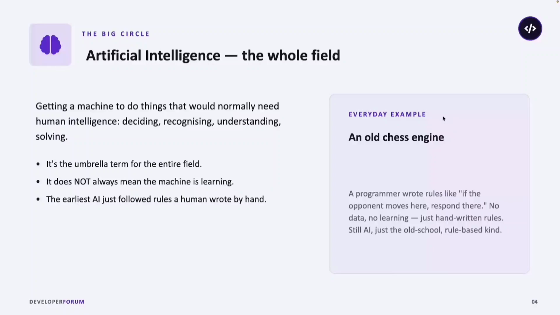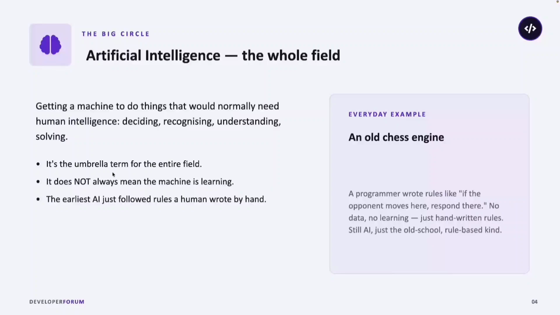No learning, no data, just a big set of handwritten rules. That's still AI. It's a machine doing something we would consider intelligent, but it's the old-school, rule-based kind of AI. So remember, AI is the umbrella, it's the whole field.